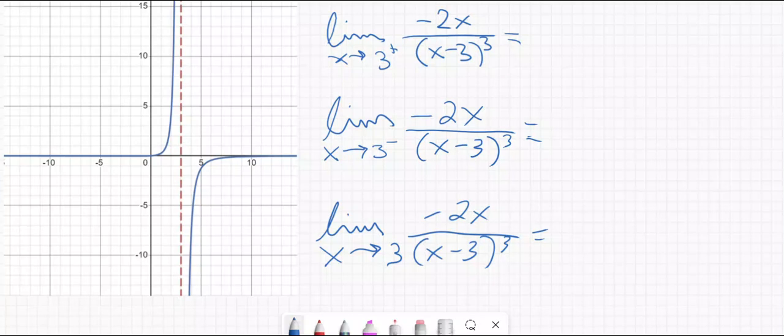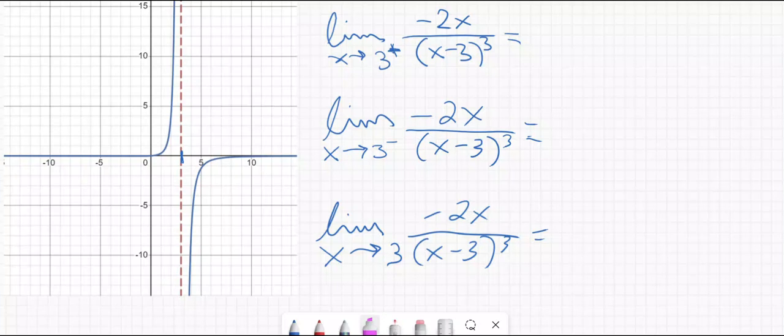But another way we can look at this is on the graph and just kind of trace it out or follow it. So if we're taking this one, the right-hand limit, how do I know it's right-hand? Because it's 3 plus, meaning 3 from the positive side, right? So if x equals 3 is like here, we want numbers slightly bigger than 3.